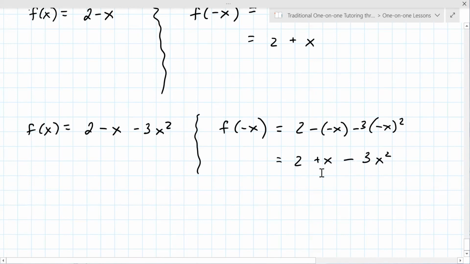Yeah. Perfect. So last thing, let's look at this problem that we just wrote, and I want you to factor out a negative. And I want you to figure out what's going to go inside parentheses here.